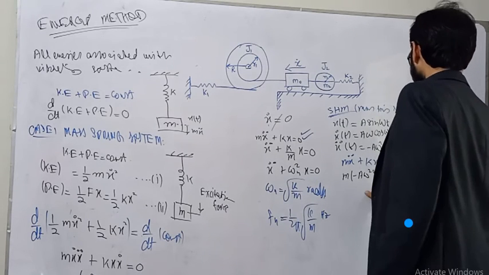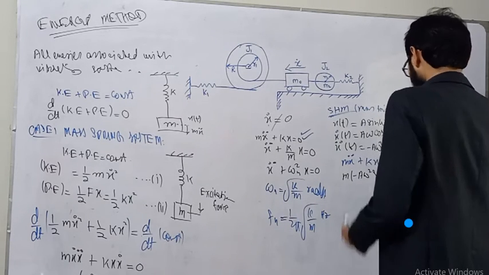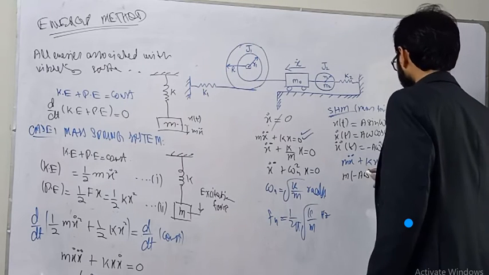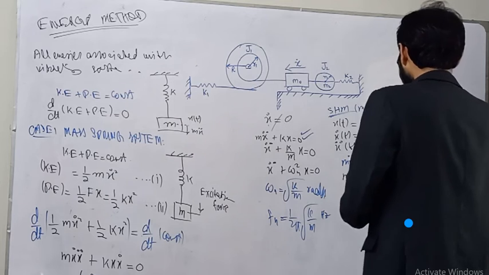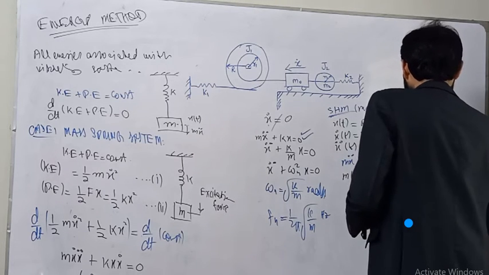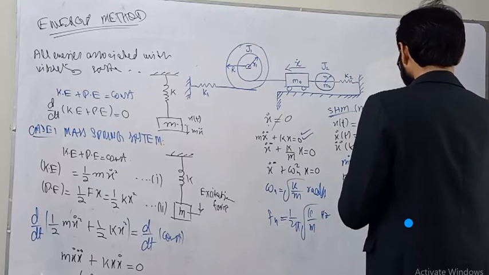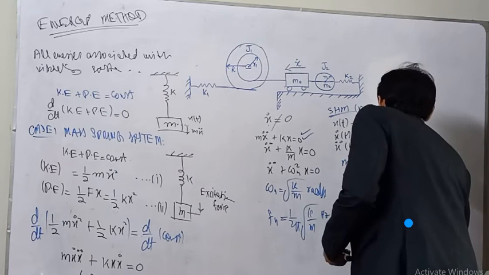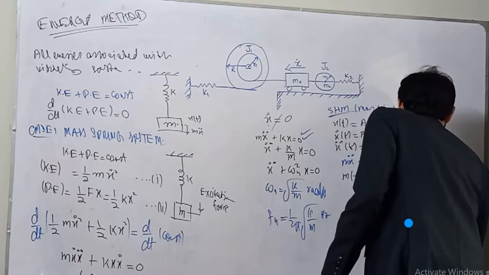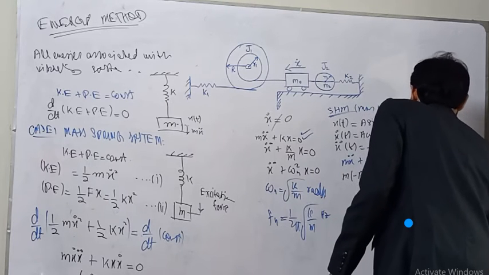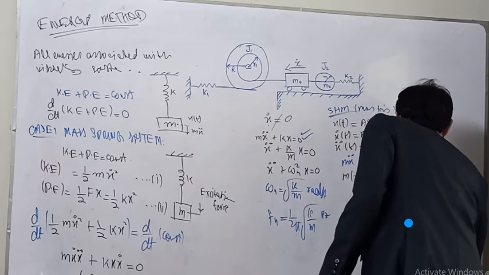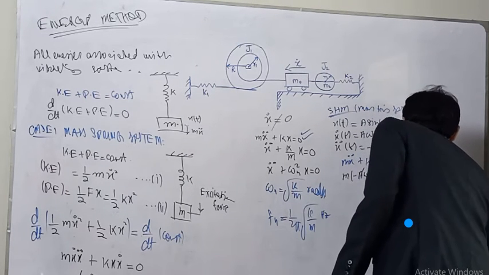So in this case we can see that some of the terms can cancel with each other, A and sin omega t will cancel, and we have minus m omega square plus k equals 0, and we have omega squared is equal to k over m.